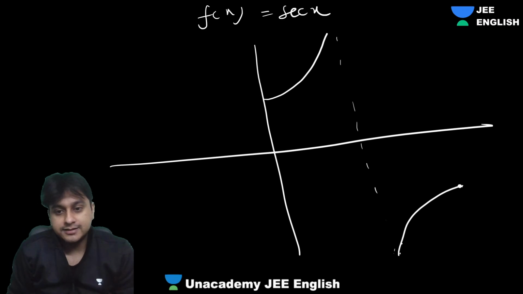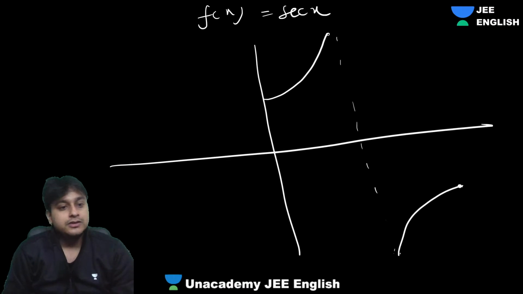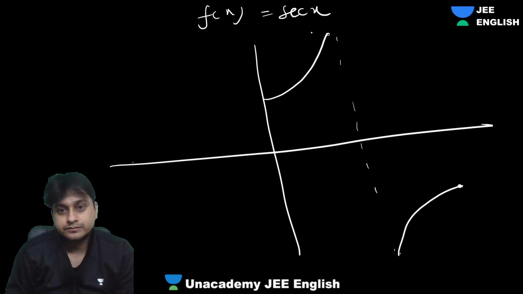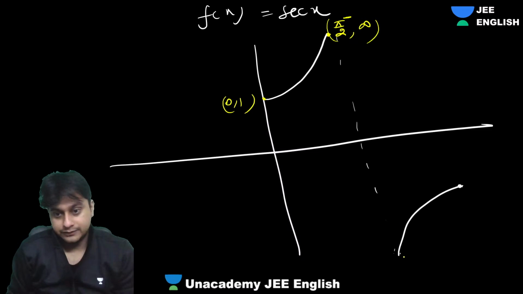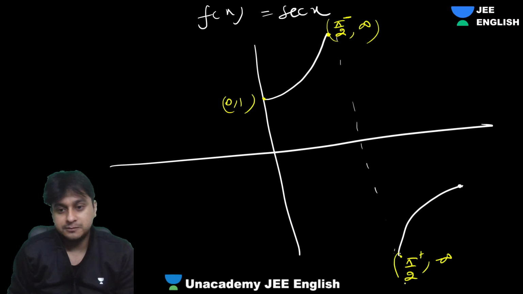So guys, points. I hope everyone remembers. So you can see here that this point is 0, 1. This point is pi by 2 but just slightly lesser, comma infinity, this is pi by 2 but just slightly more, comma minus infinity. And this is pi, comma minus 1.